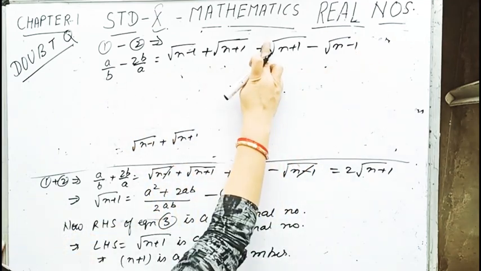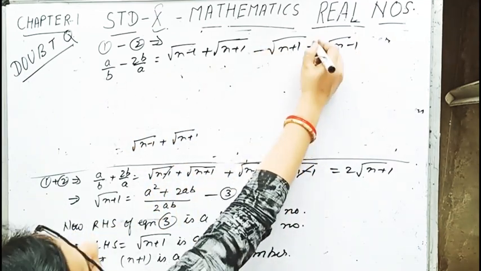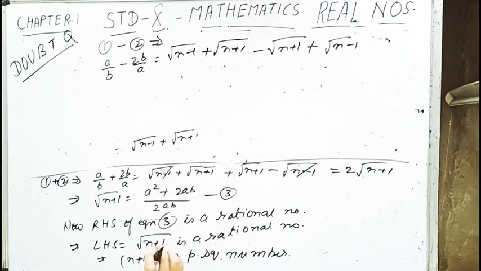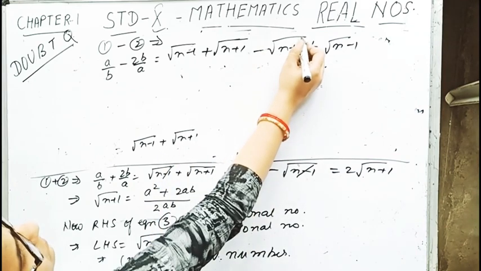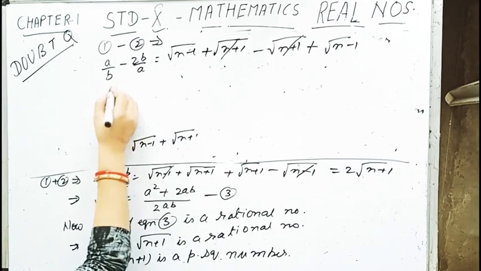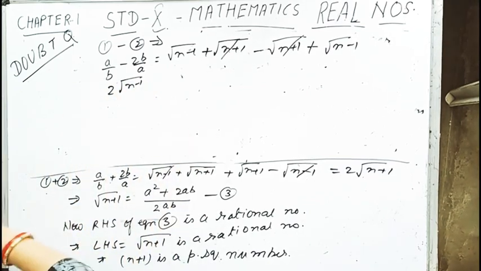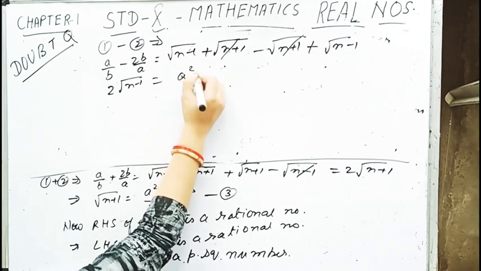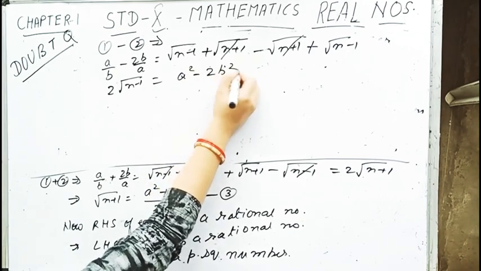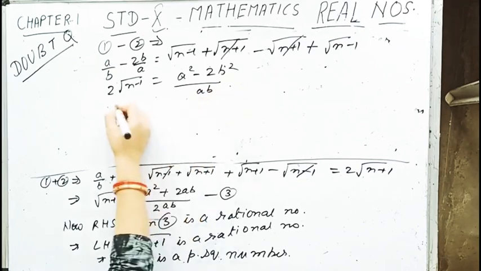I am subtracting, so this becomes minus and this becomes plus. These two cancel, so we get 2√(n−1) = (a² − 2b²)/(ab).